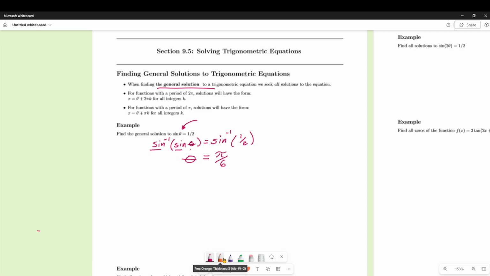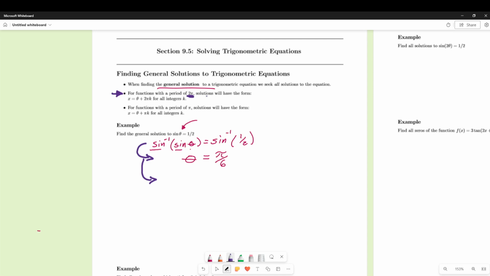What we have to do instead is immediately break this out into all possible angles that would have created that 1/2. So as soon as we go from here to here, we have to break this into multiple cases, and that's what this is talking about up here.